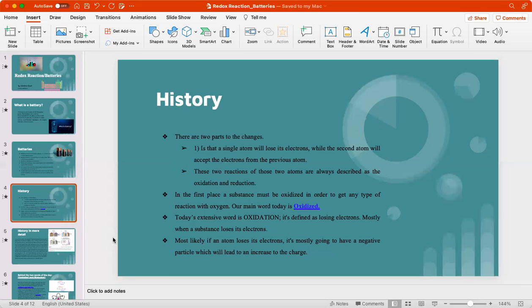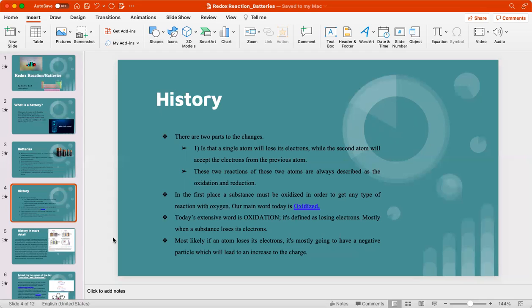In the first place, a substance must be oxidized in order to react with oxygen. Our main goal is to find oxidation. Today's word is oxidation.